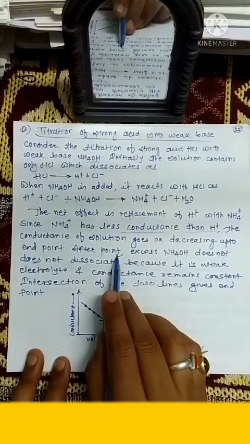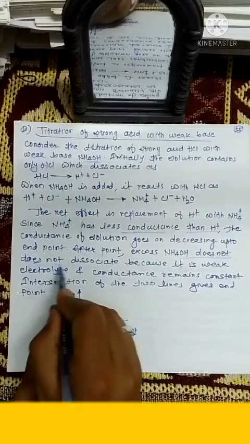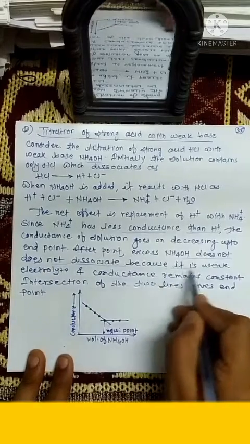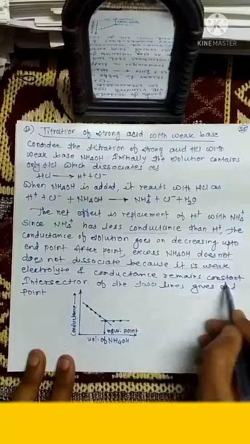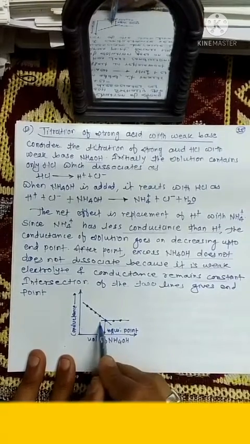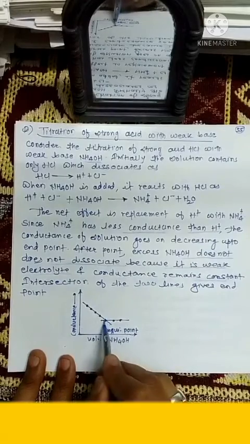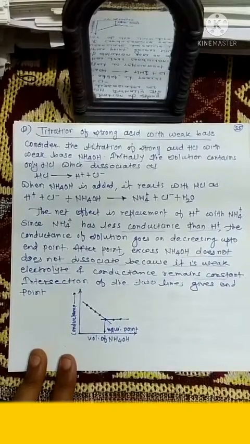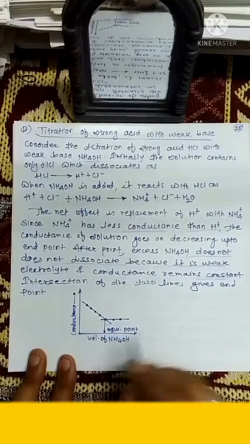After the end point, excess ammonium hydroxide does not dissociate because it is a weak electrolyte, and conductance remains constant. Just see here, after the end point conductance remains constant. The intersection of these two lines gives us the equivalence point.